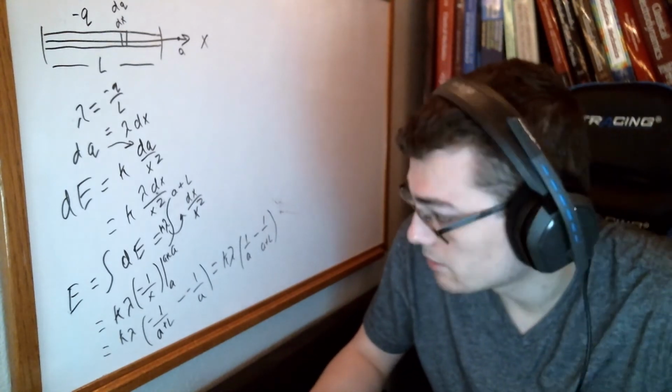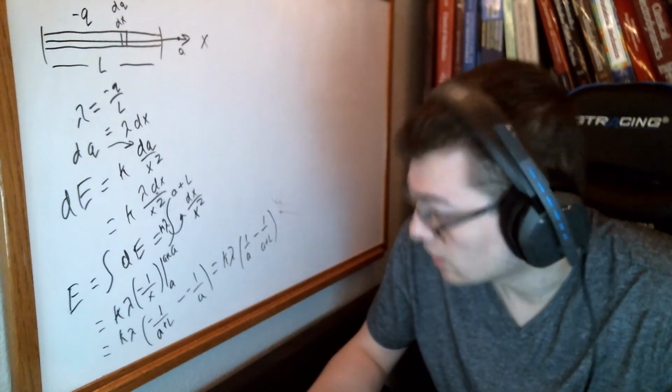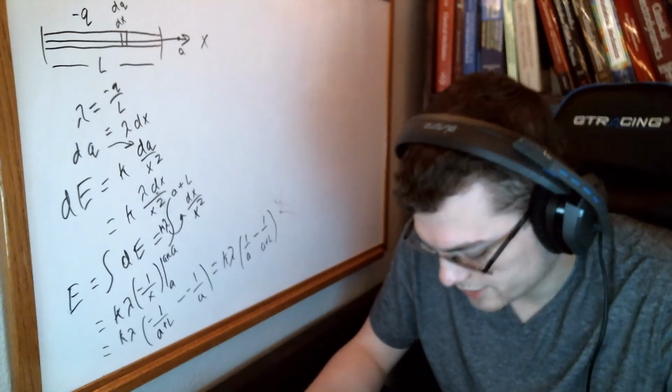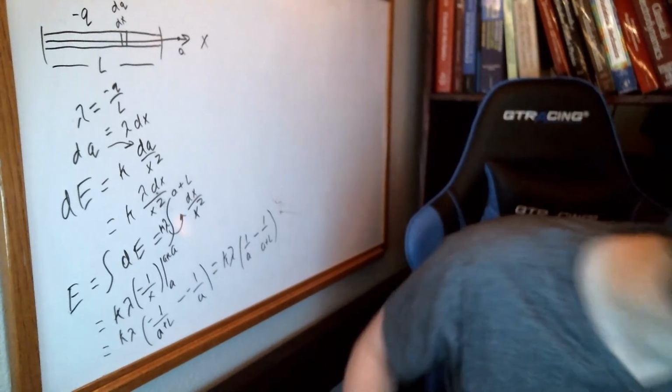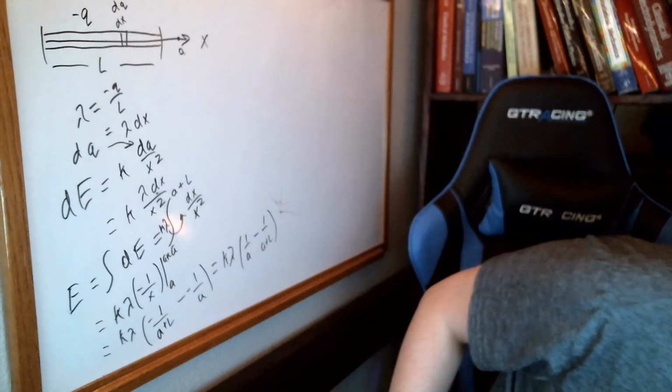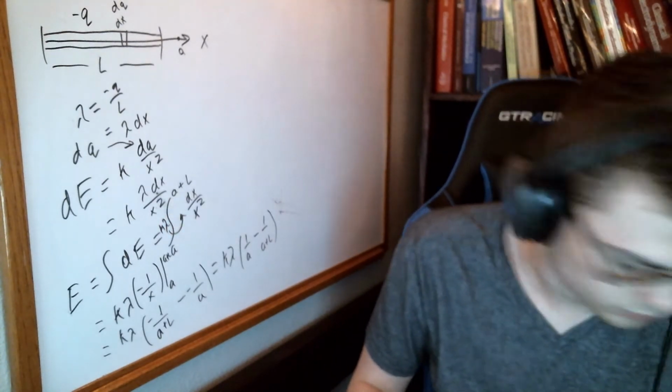So this problem can change up a little bit depending on what lambda would be inside of the integral. But in a case where that is given, it is still very possible.